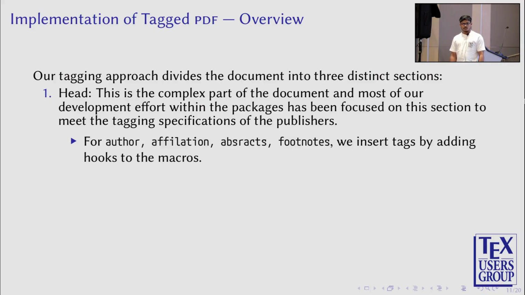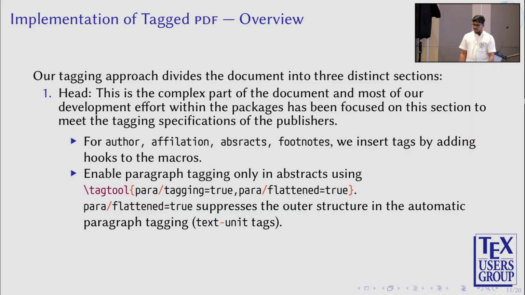So we use hooks for adding the author, affiliation, abstract, and footnotes, but we use the tagtool to suppress the outer paragraphs. We still need a paragraph inside the abstract, but for the other things we don't need paragraph tagging. So we use the tagtool to generate the paragraph inside the abstract.